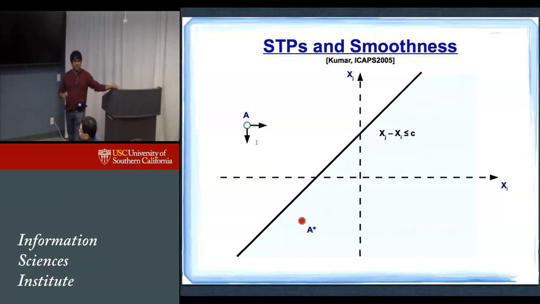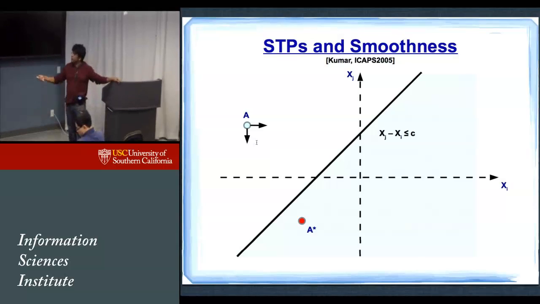If you look at any simple temporal constraint, once again, this is a strategy that allows us to look at the constraints only one at a time. So if you look at any simple temporal constraint, say xj minus xi is less than or equal to c, what is it saying in its geometry? In its geometry, it identifies some feasible half space, some infeasible half space.